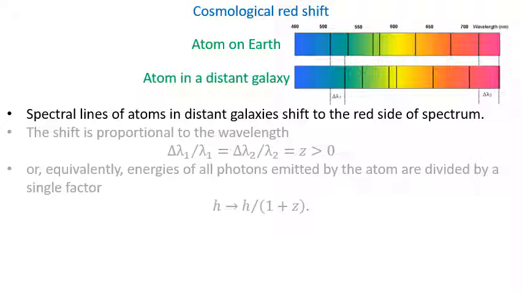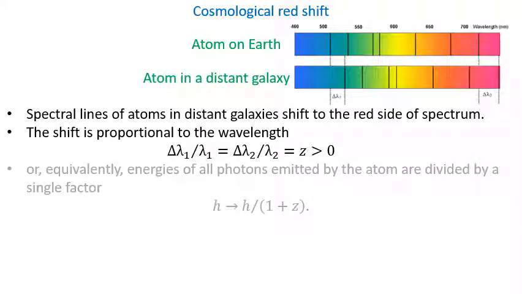So, what do we know about the cosmological redshift? At the top I have a spectrum produced by an atom on Earth, and below it the spectrum of the same atom located in a distant galaxy. As you see, all spectral lines shift to the red side of the spectrum.